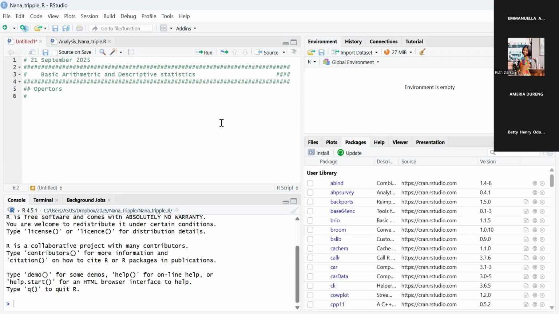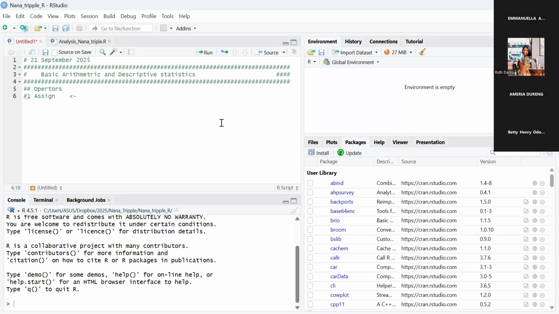Number one, and remember, anytime I put the hashtag, it's just to say that I am writing a command, is assigned. And the sign here is less than and then a negative sign. So anytime you use this, it means that you are assigning something to.